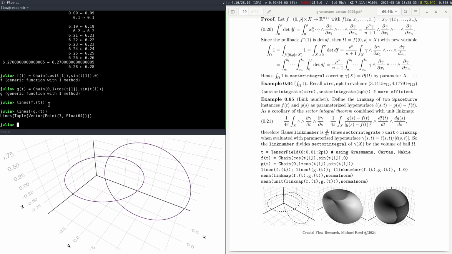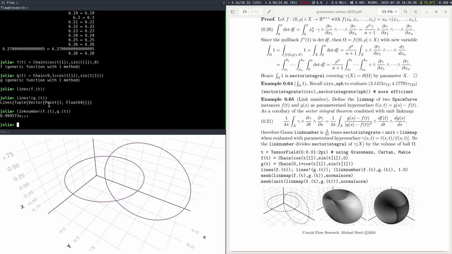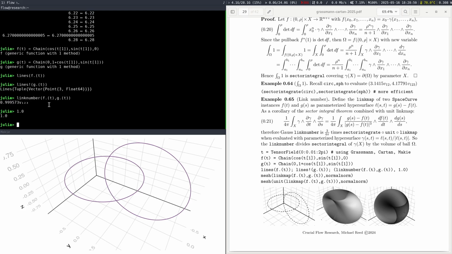Now what we want to know is the link number of those. It should come out to 1.0, but because this is a numerical approximation of an integral, it's not exactly 1.0.